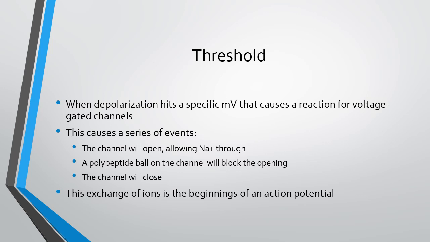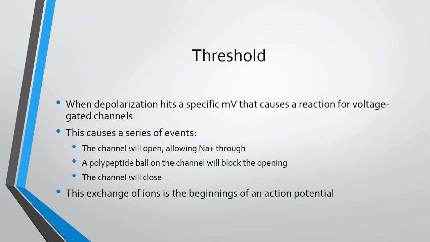Voltage-gated channels are channels that have a reaction to a specific range of charges. For example, at about -55 millivolts, the sodium voltage-gated channel will open. This will allow a large amount of sodium to flow into the cell, more than a normal leak channel.